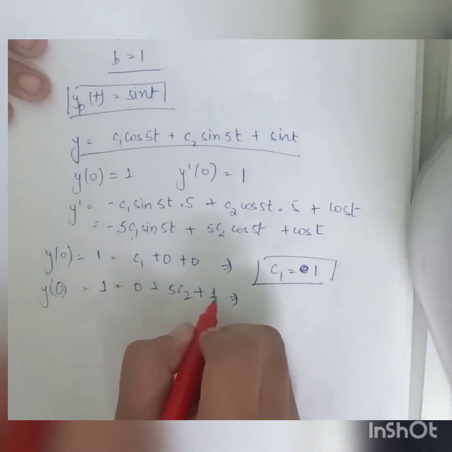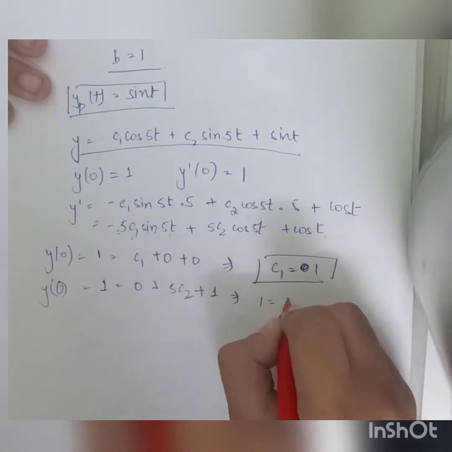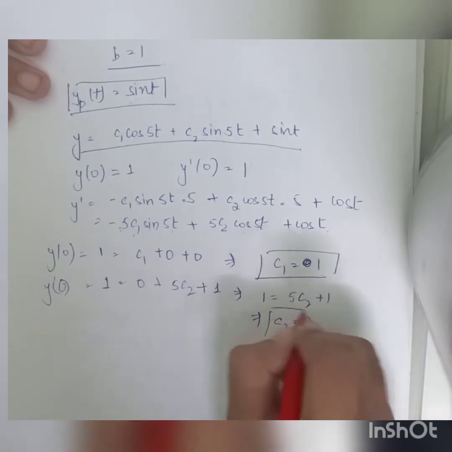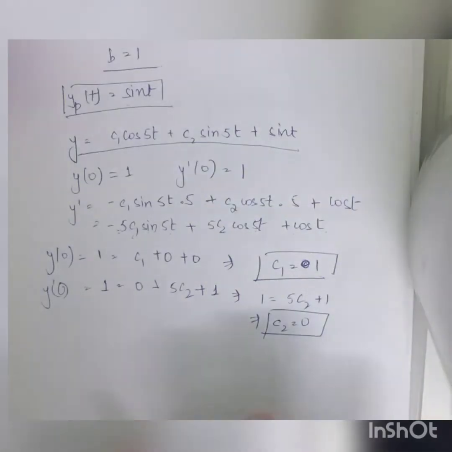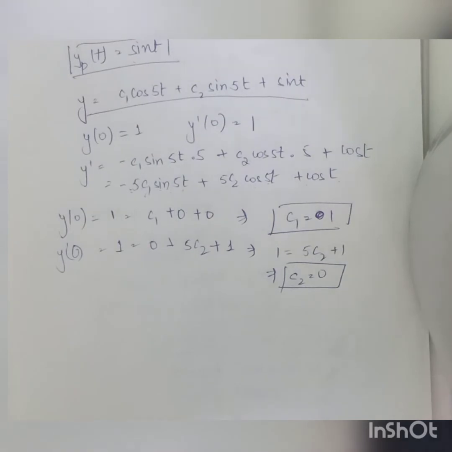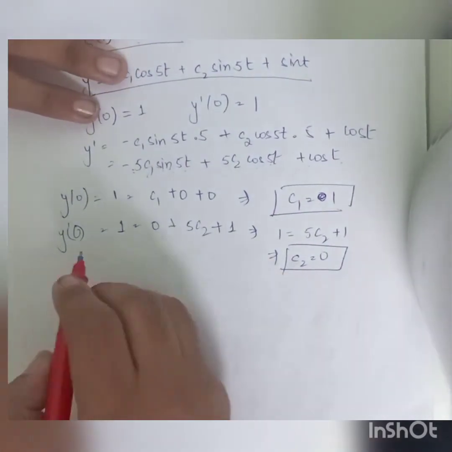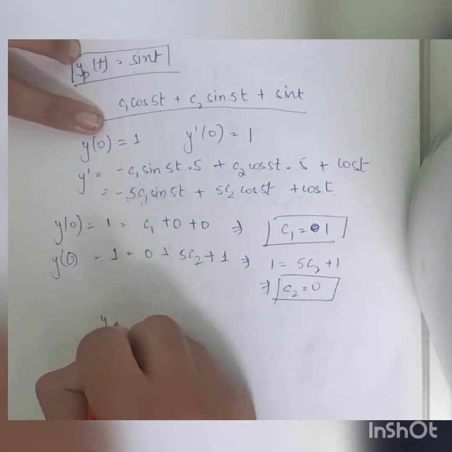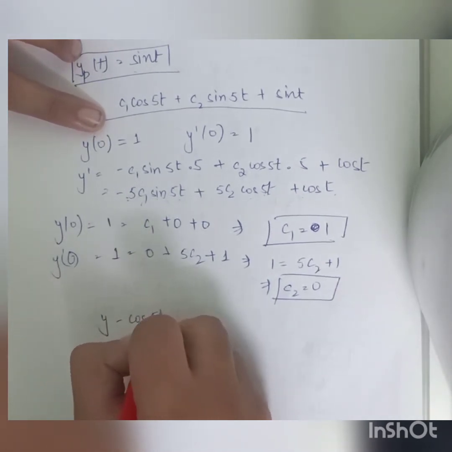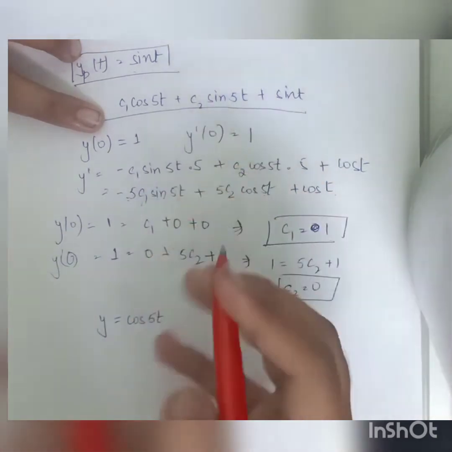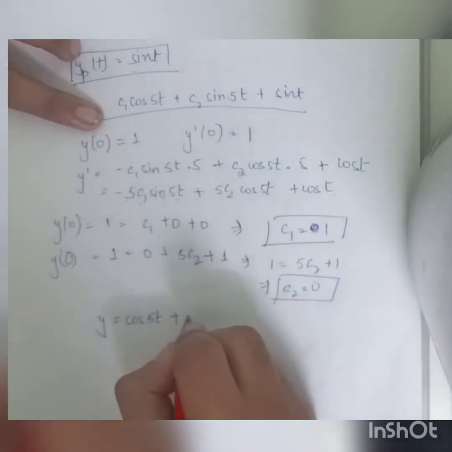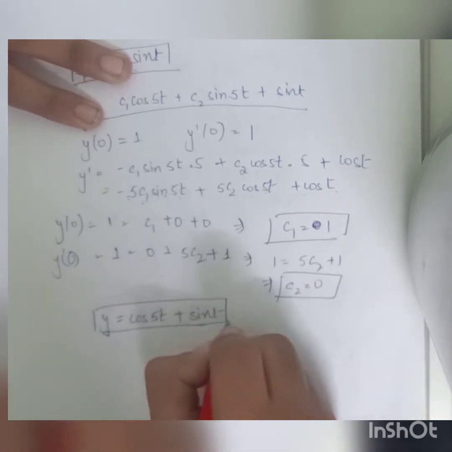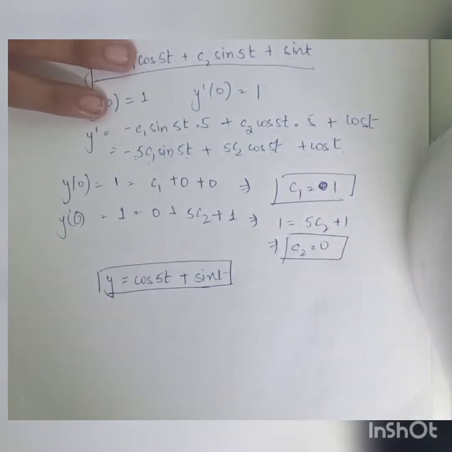This implies 1 is equal to 5 c2 plus 1, that is, c2 is equal to 0. So we can finally write the equation as y is equal to cos 5t, since c1 is 1, c2 is 0 so we don't take it, plus sin t. This becomes our solution.